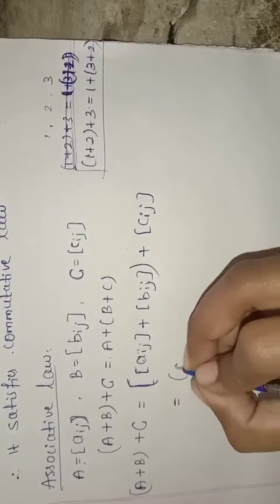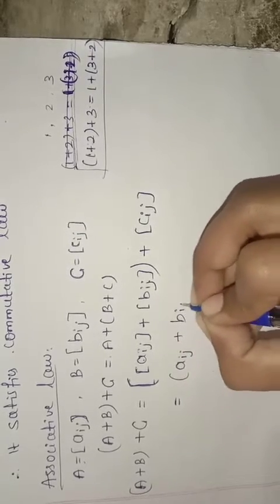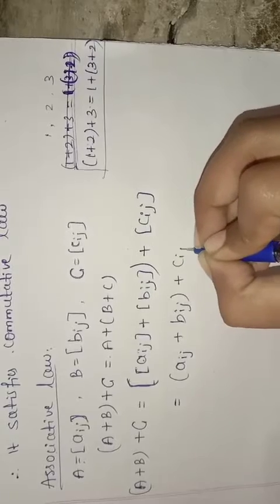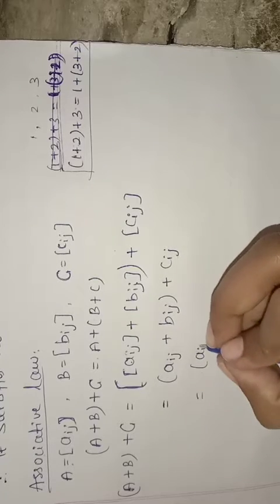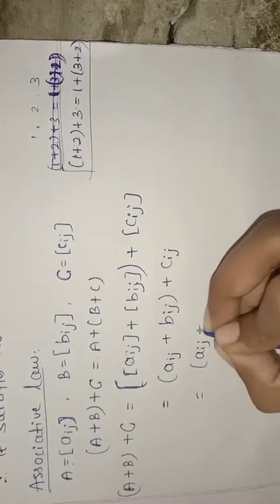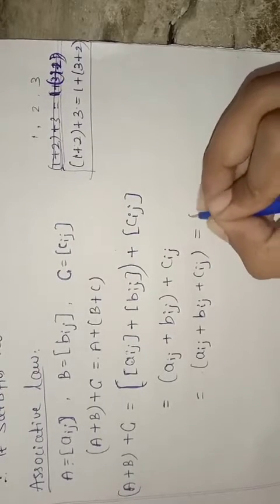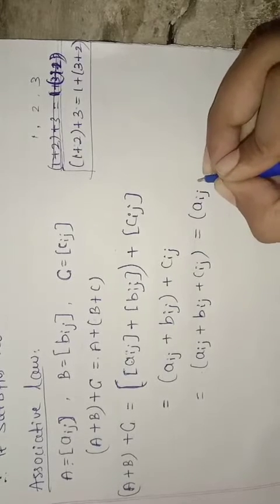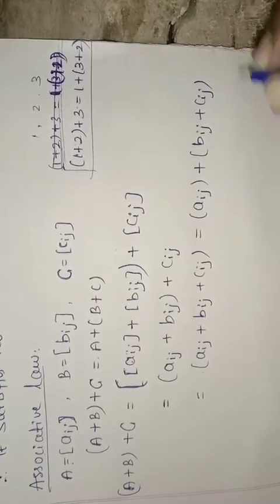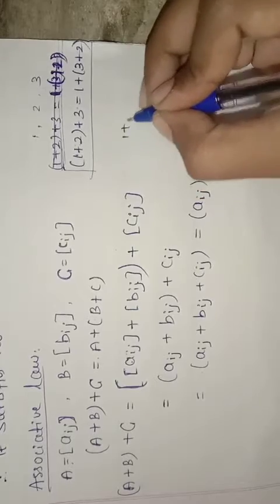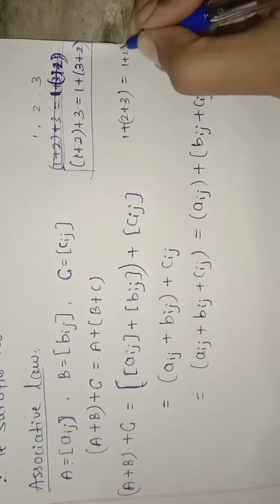Now we have to do the addition of numbers, the entries inside Aij. Aij plus Bij plus Cij. So now I have to add 3 elements in the 3 different matrices, that is Aij plus Bij plus Cij. So you can write it as Aij plus Bij plus Cij. If you have numbers here, that is 1 plus 2 plus 3, it can be written as 1 plus 2 plus 3.